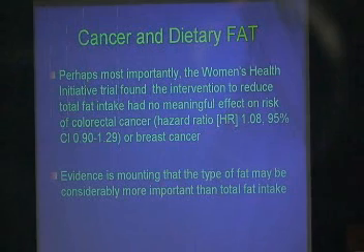And evidence is mounting that the type of fat may be considerably more important than the total fat intake. So that's the message: it's not the amount of fat, it's what kind of fat you eat. You stay away from saturated fat. You really should consume monounsaturated fat and polyunsaturated fat.